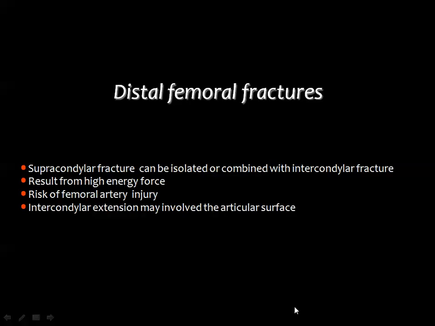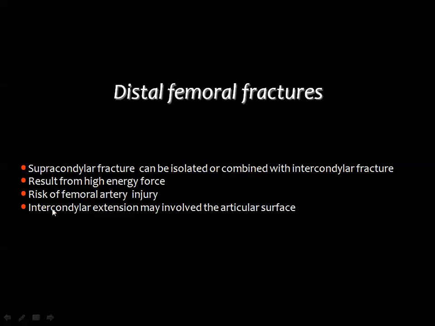And distal femoral fractures or supracondylar fractures also have a lot of classifications, and they require a high energy force so that these fractures many times are comminuted.